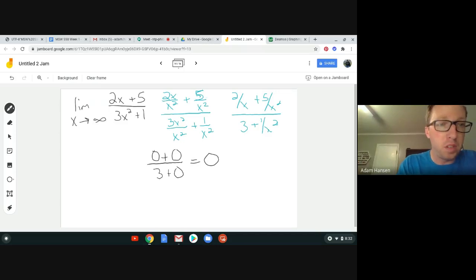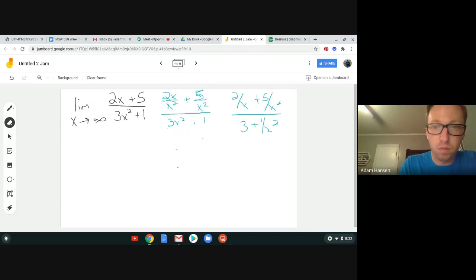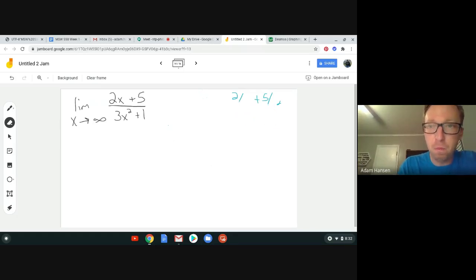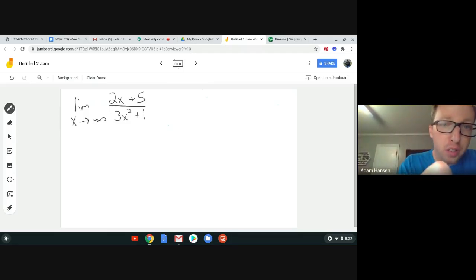Now, let me erase this here, just to save some space. And let's see what happens when I change it from 2x plus 5 to 2x squared plus 5.